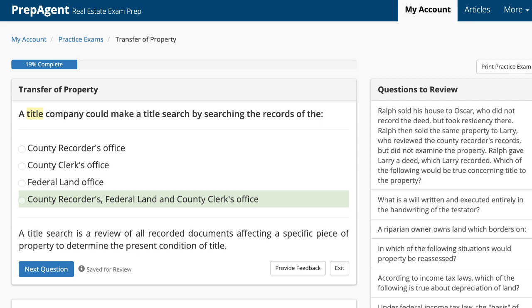Who knows the difference? What's the difference between the 2 types of warranty deeds? What do you guys think?